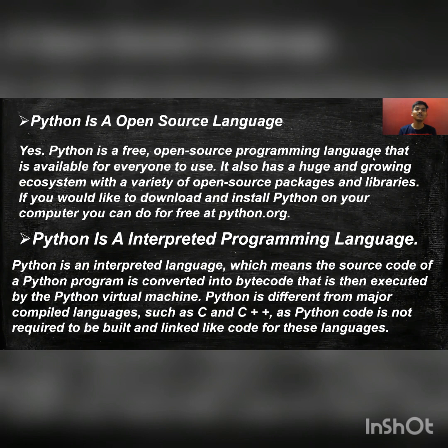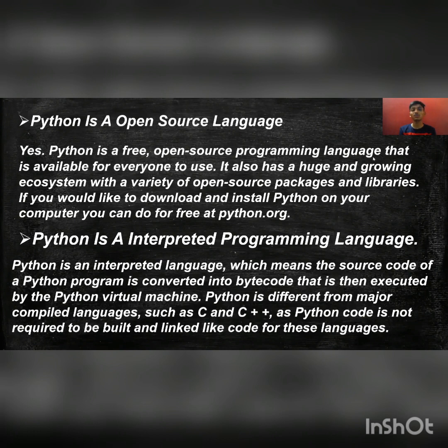Next, Python is an open source language. Why is Python an open source language? Python is a free open source programming language because it is available for everyone to use.